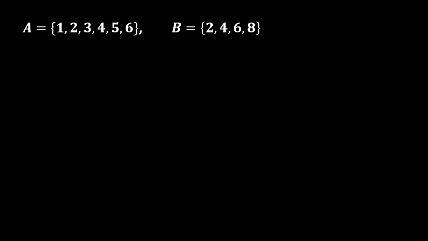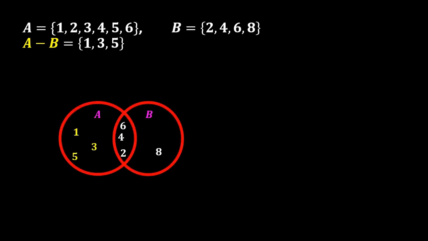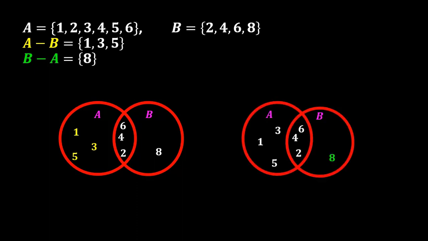So A minus B will be 1, 3 and 5. They are in A but not in B. And similarly B minus A will be just 8. So all members of B such that they are not in A. Please note that A minus B is not equal to B minus A.